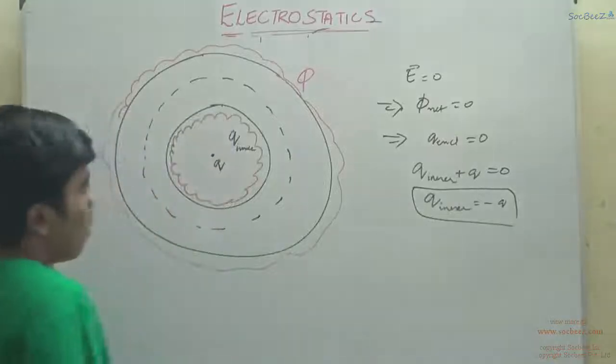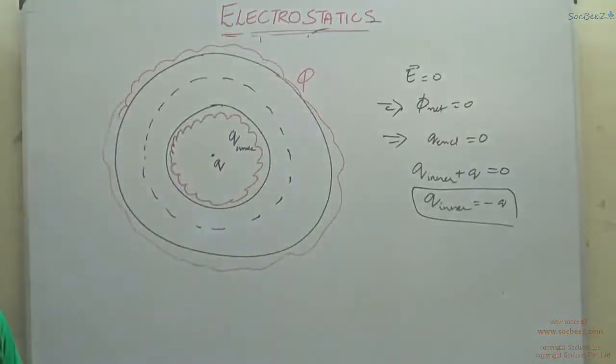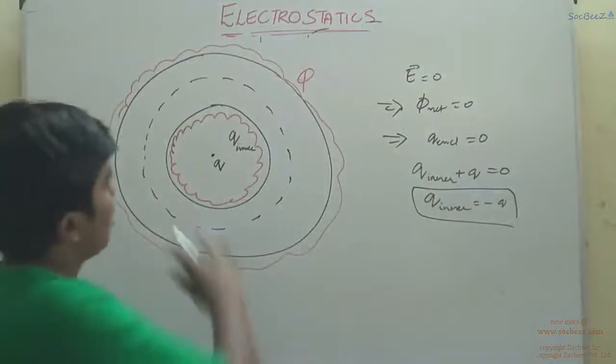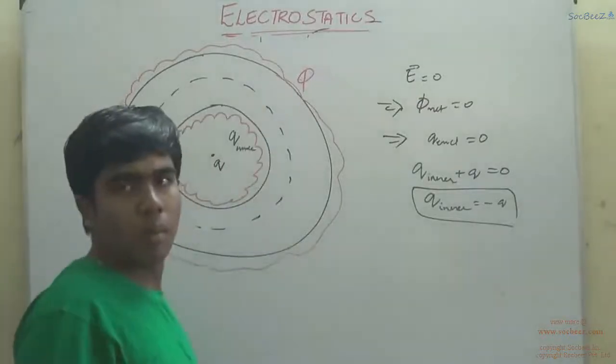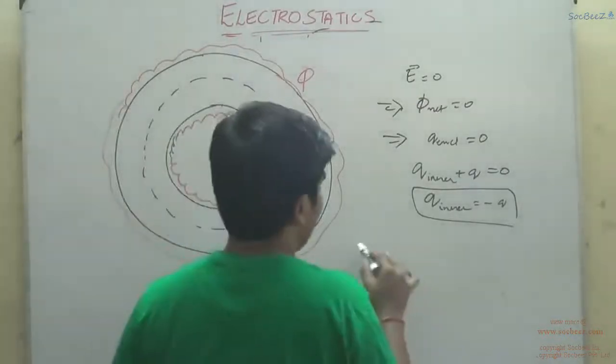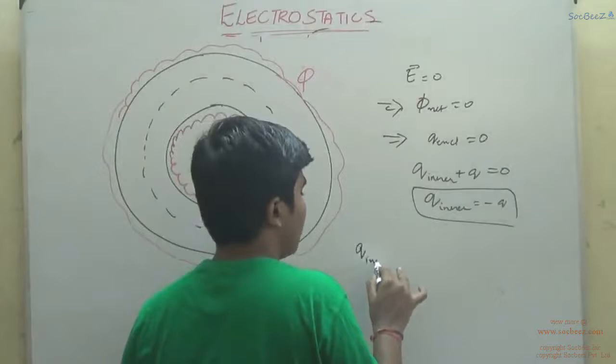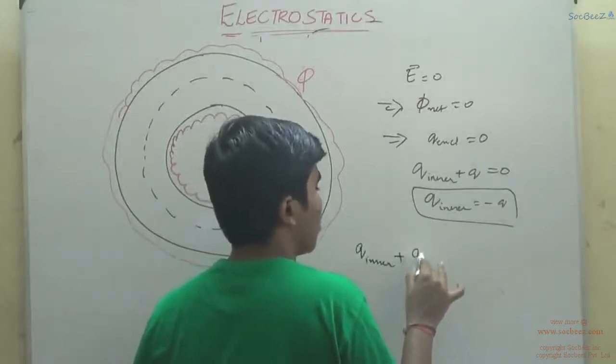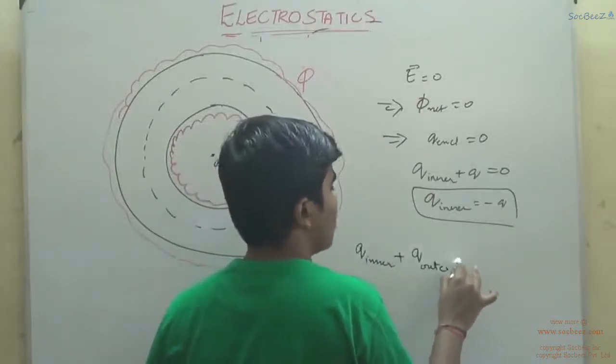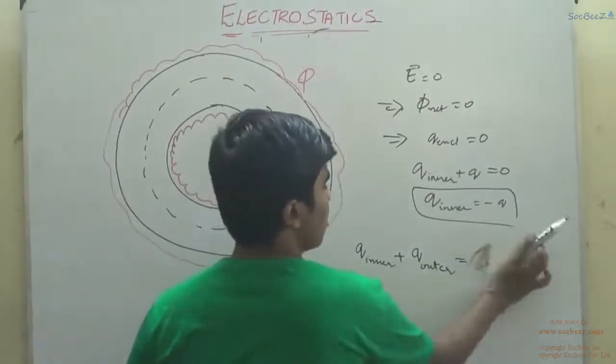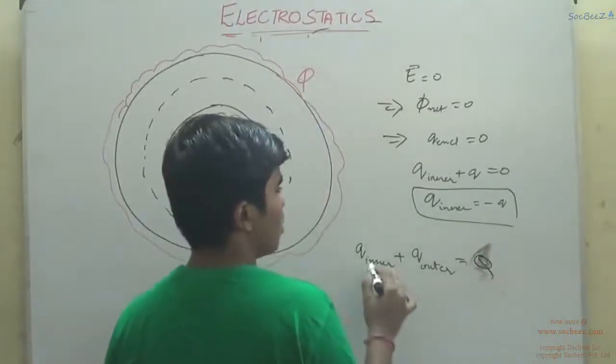Right? Now we know that there exists something called conservation of charge. Thus the net charge on the conductor should still remain capital Q. Thus we say that Q inner plus Q outer is equal to capital Q. And what is Q inner?